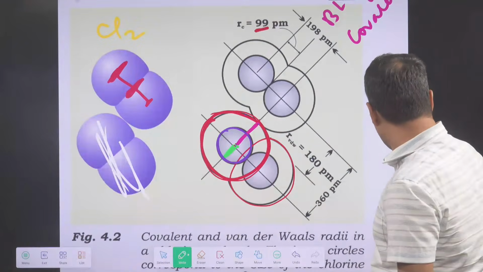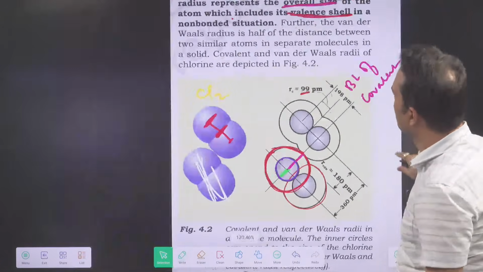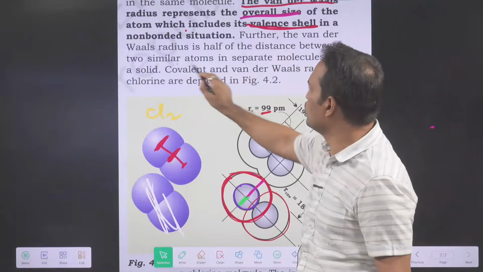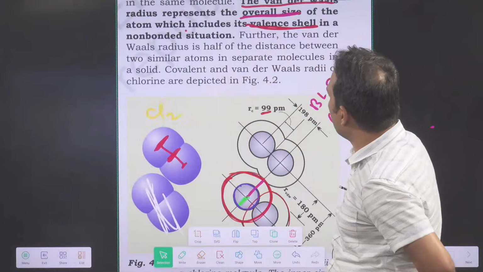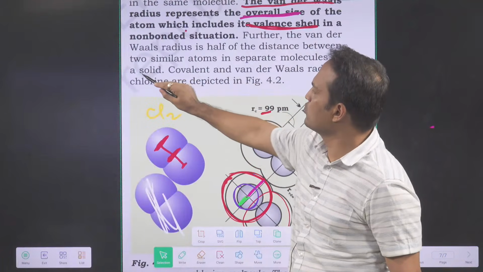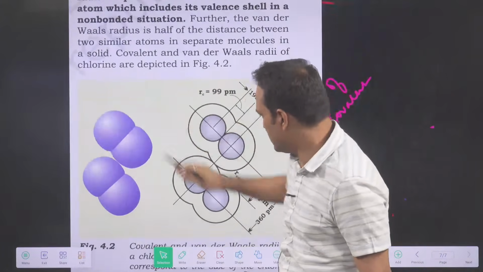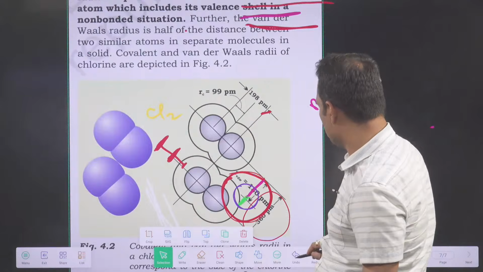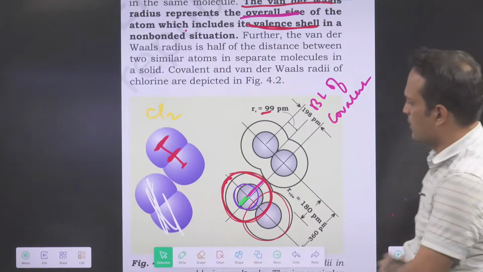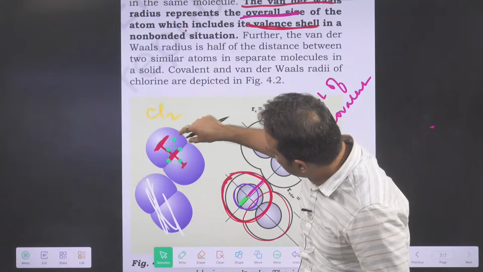Clear? And all the points are now written here. Further, the van der Waal radius is half of the distance between two similar atoms in separate molecules in solid. This only they ask you. So in solid, 1 Cl2, 1 Cl2. If in one molecule you find it, you will get covalent radius.